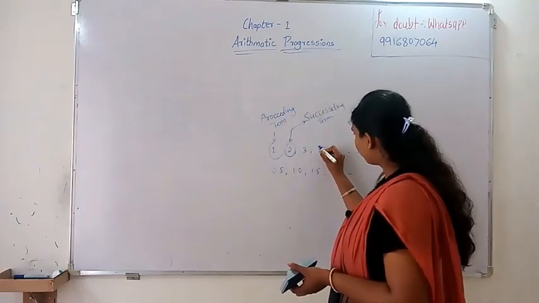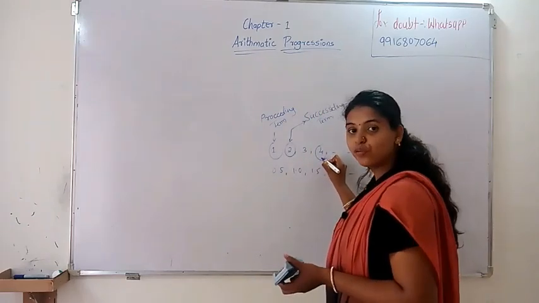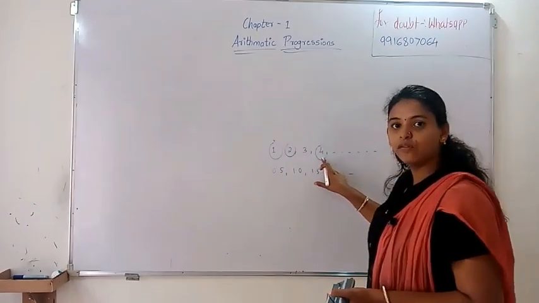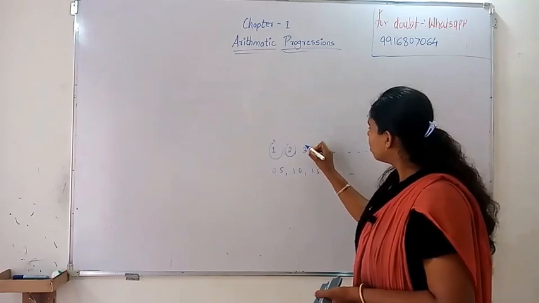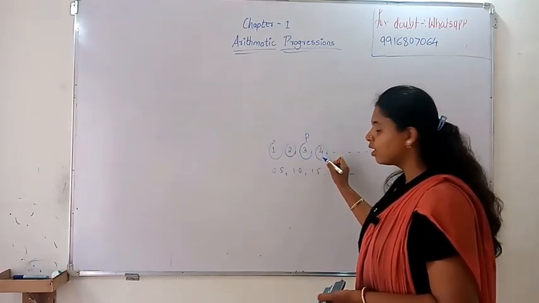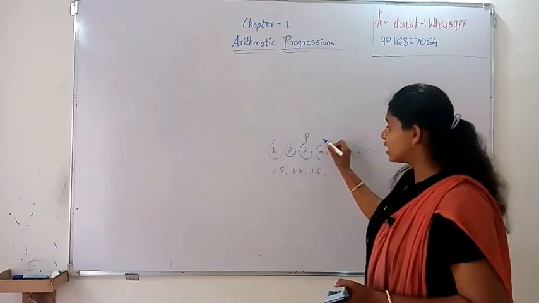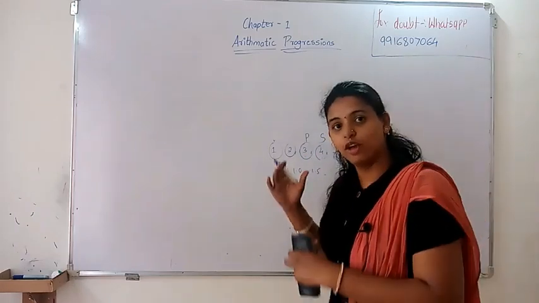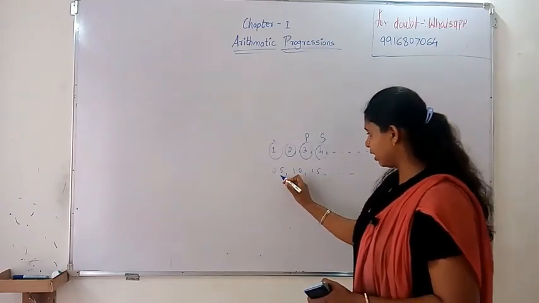For the number 4, the preceding term is 3, and for this 3 the succeeding number is this 4. Again same here.